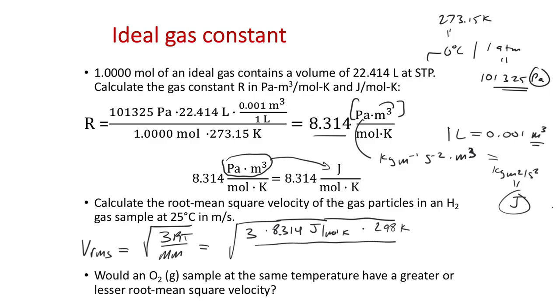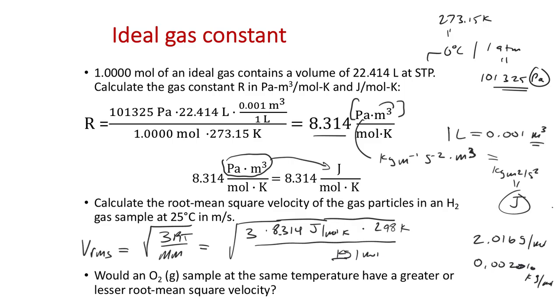And then we divide by the molar mass. But now let's think about the joule. The joule's SI units are kilograms meter squared per second squared. So we have to go to the molar mass, but in kilograms per mole. So if we're at 2.016 grams per mole for hydrogen, that would be 0.002016 kilograms per mole.